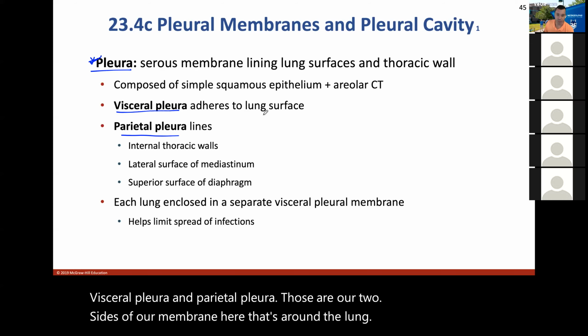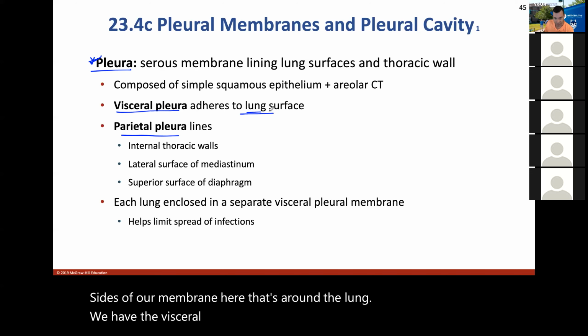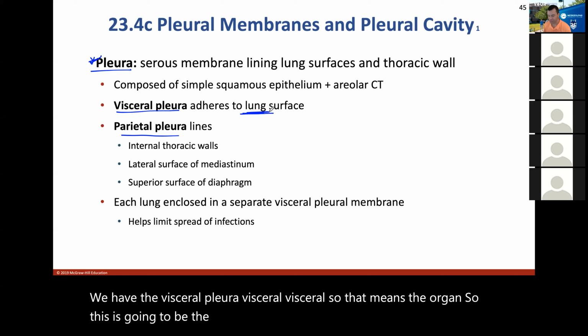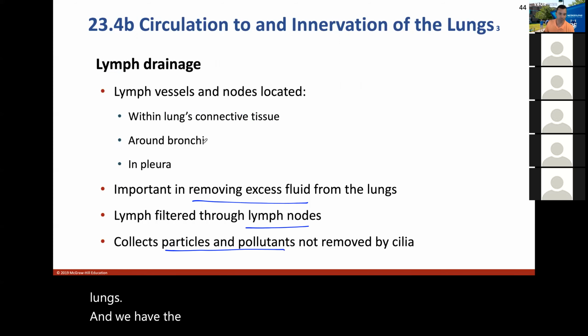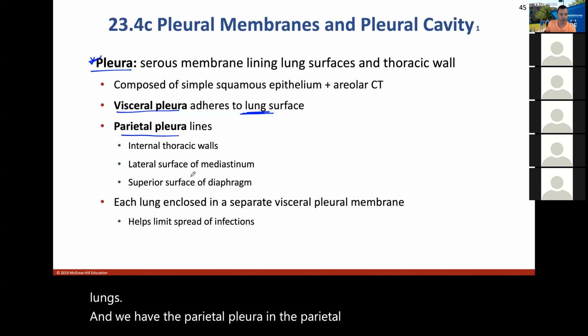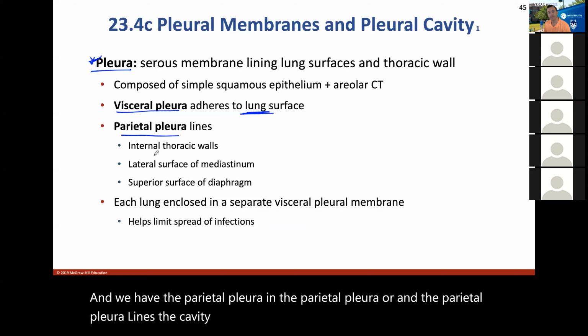We have the visceral pleura, visceral, so that means the organ. So this is going to be the part that's adhering to the surface of the organ, the lungs. And we have the parietal pleura, and the parietal pleura lines the cavity in which the lungs reside.